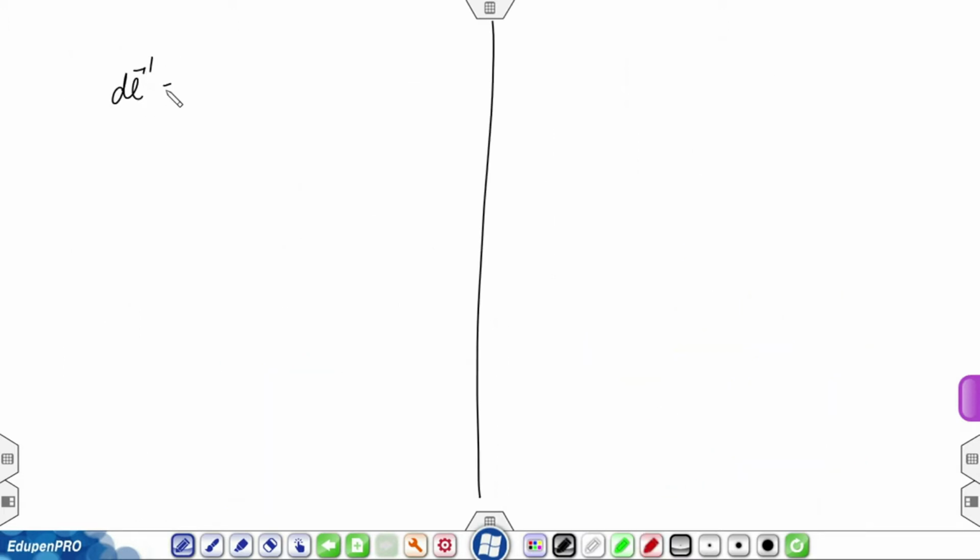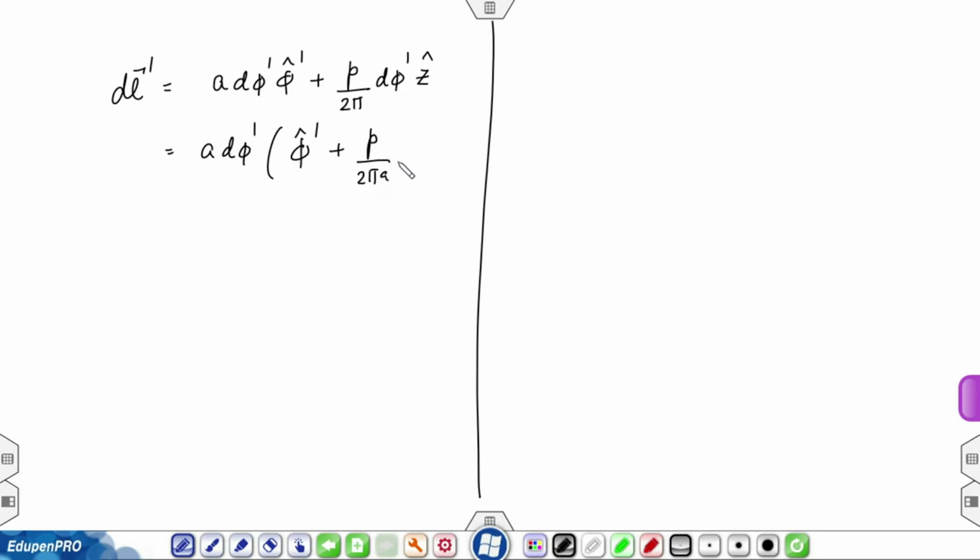Therefore, I can write d l prime is equal to a d phi prime in the phi prime direction plus d z prime, which we have just determined is p over 2 pi d phi prime in the z direction, which I can write as a d phi prime times phi prime plus p over 2 pi a in the z direction. Z and z prime does not really matter.